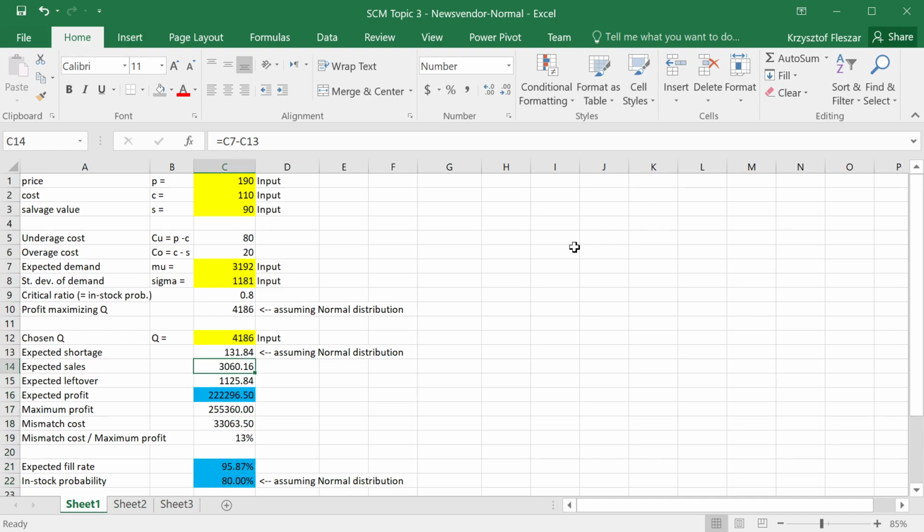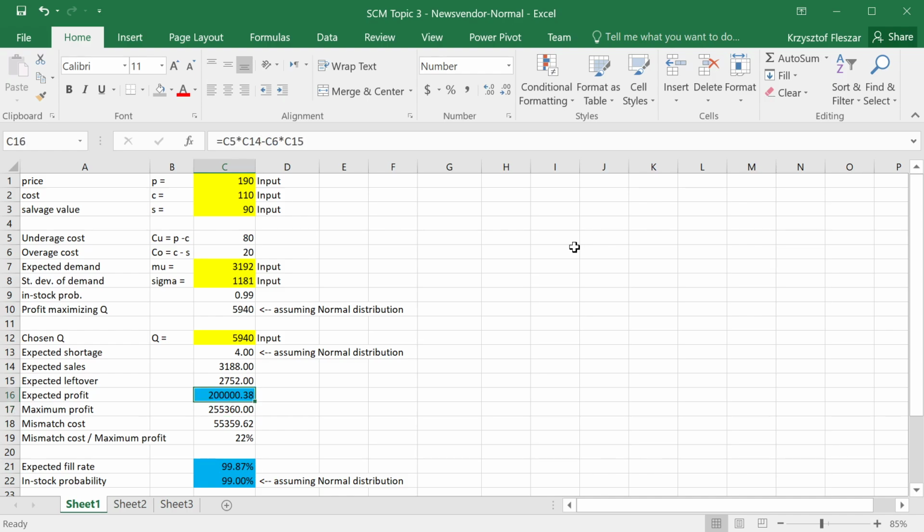So what if I wanted to get an in-stock probability of 99%? Well, in my spreadsheet, I can just overwrite the critical ratio. Instead of having a critical ratio here, I could just say this is the in-stock probability, and just change it to 0.99, and then it would give me the value 5,940, and of course this evaluates it.